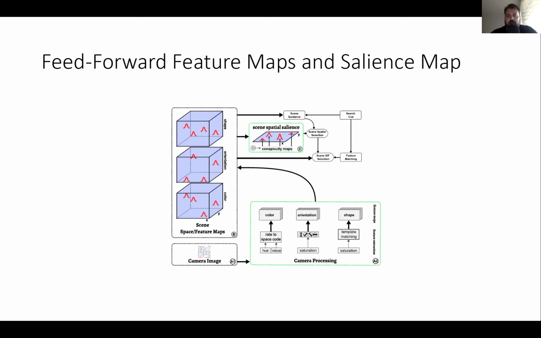They are used in many models like the Itti and Koch, the famous Itti and Koch bottom-up salience model. And they are all very neurally plausible since they are a model of receptive fields.